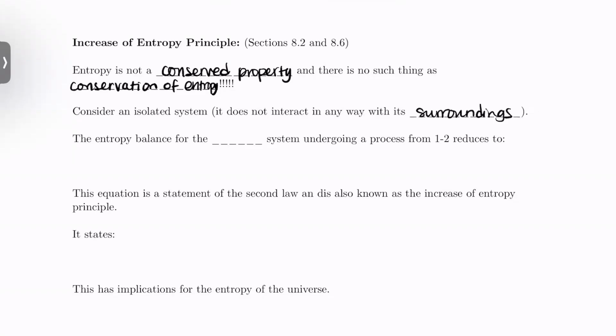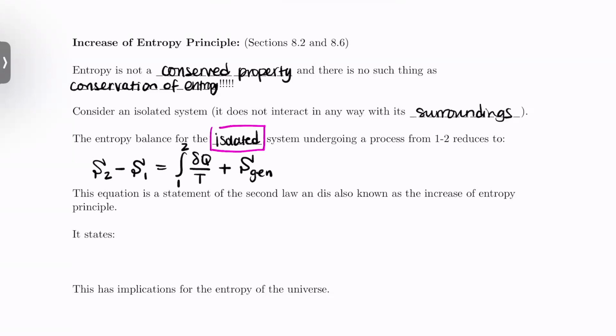The entropy balance for this isolated system undergoing a process from 1 to 2 is going to look like the following. We have the entropy at state 2 minus the entropy at state 1 is equal to the integral from 1 to 2 of delta Q over T plus S gen. Since it's an isolated system, we don't have any heat transfer going on.